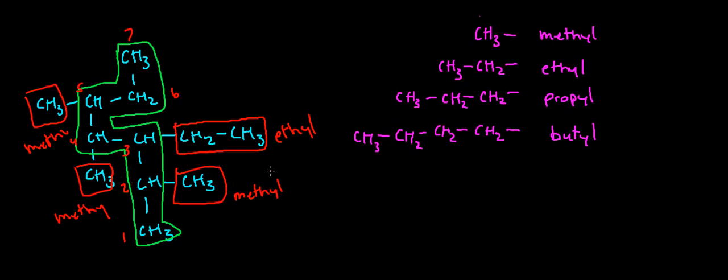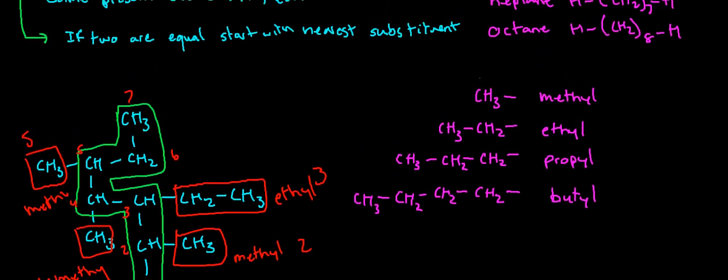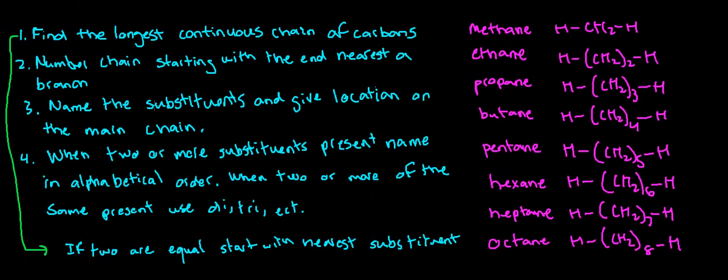And then this is on the second carbon, this is on the fourth carbon, this is on the third carbon, this is on the fifth carbon. You can do this however you want. Normally I just do this in my head, but we're just diagramming it for simplicity's sake. Name the substituents, give the location on the main chain. When two or more substituents are present, name in alphabetical order. When two or more of the same are present, then use di, tri, etc.